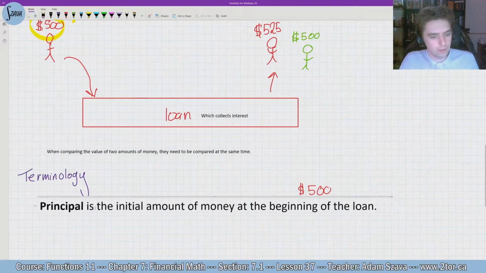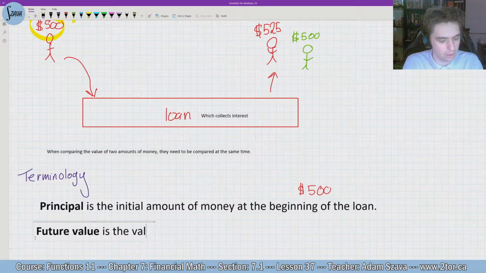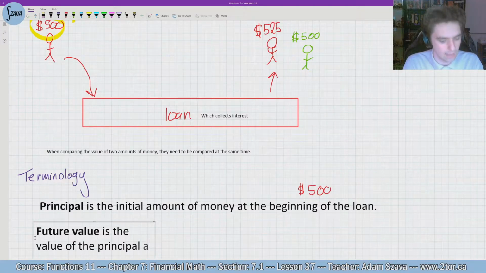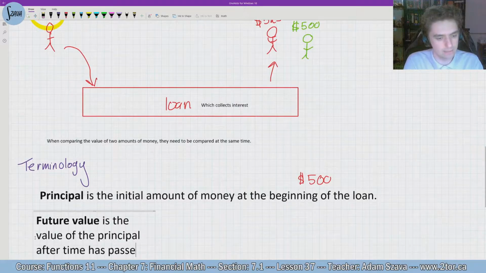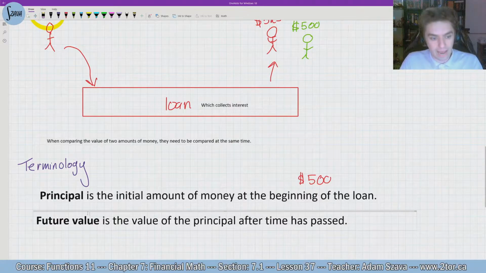Okay. Future value, pretty unsurprisingly, is pretty self-explanatory. The future value is the value of the principal after time has passed. The way I word this is important. The principal is how much money you put in, and its value after time has passed, because remember, money has time value.